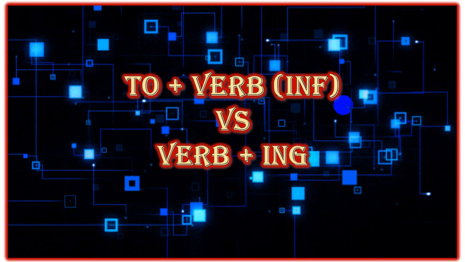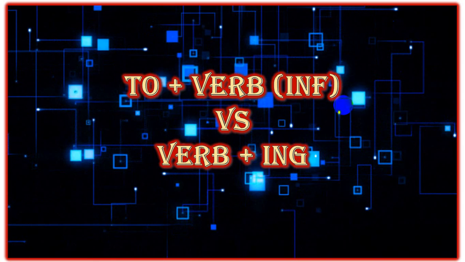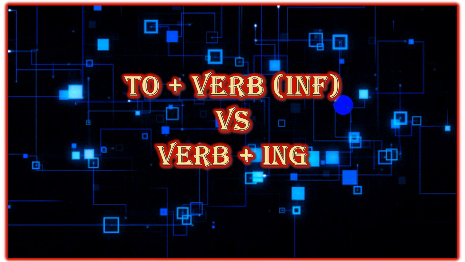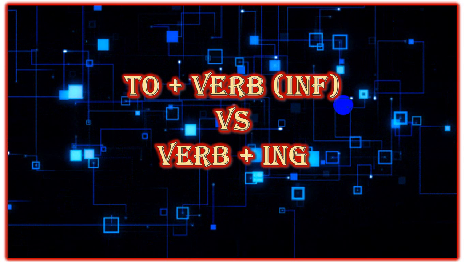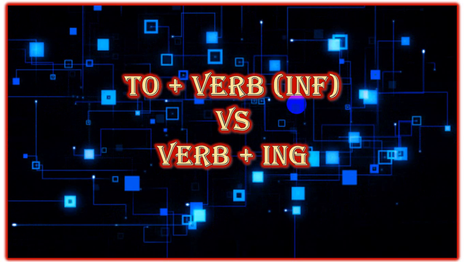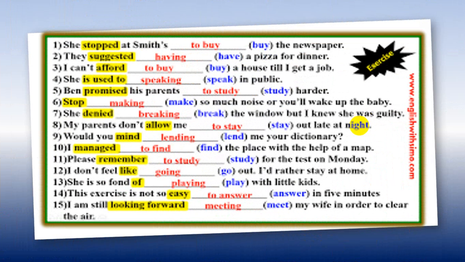Here we have some verbs and we should keep in mind what kind of verbs come after it. So I tried to summarize these verbs for you in this chart. Notice that the verbs in yellow take the forms in red.